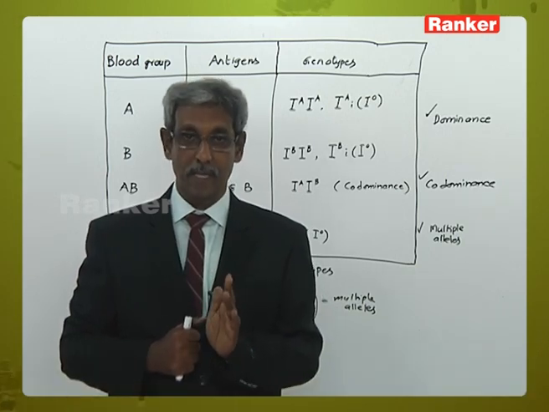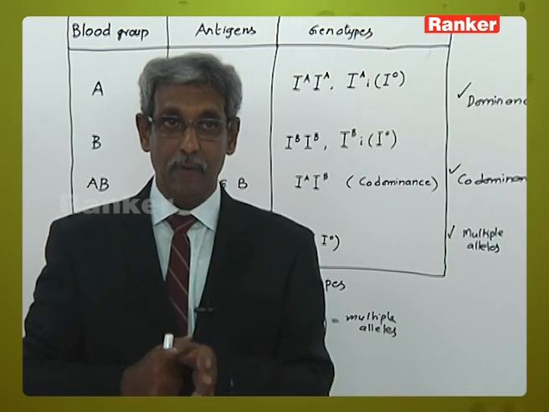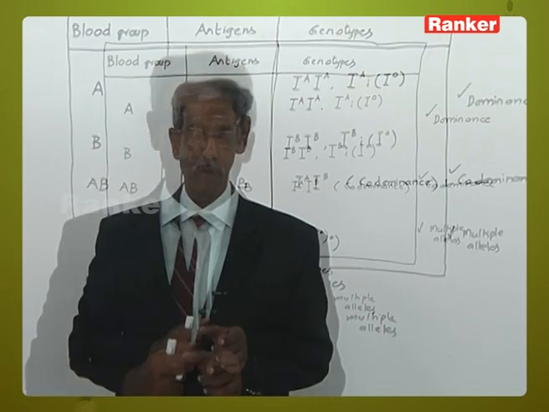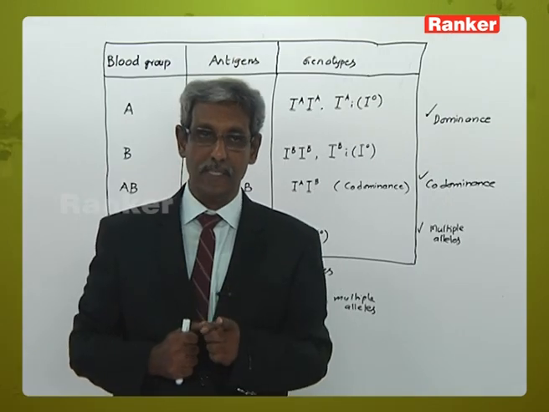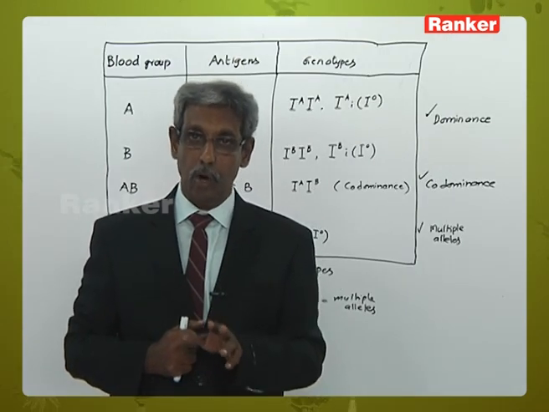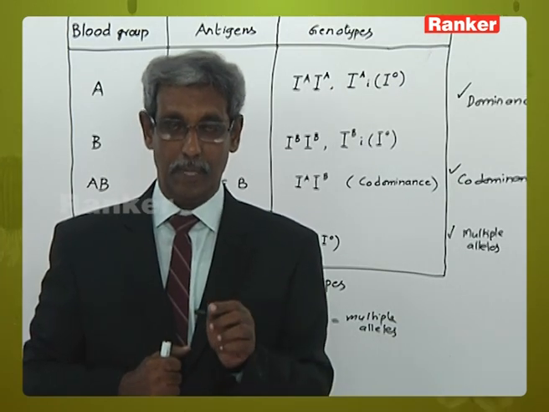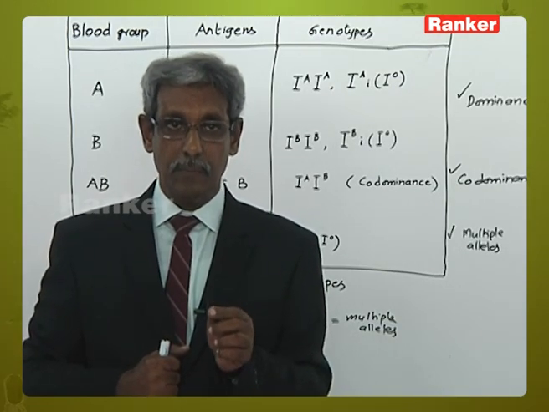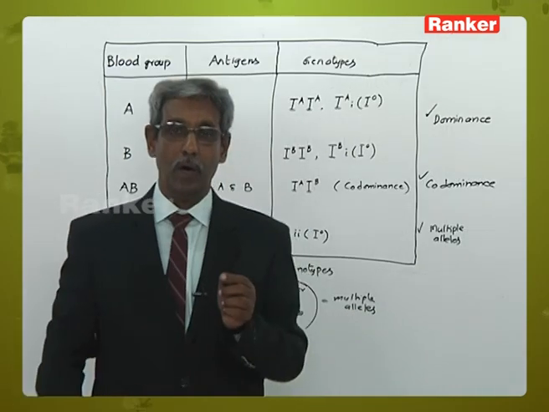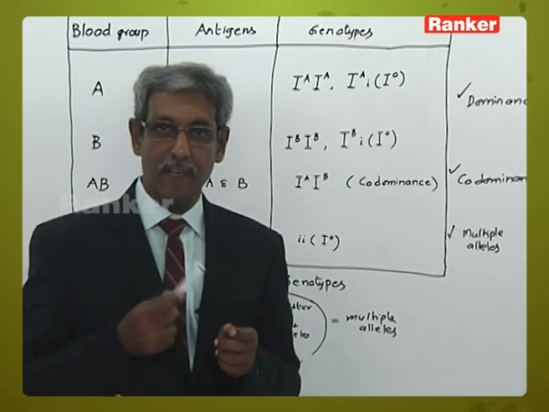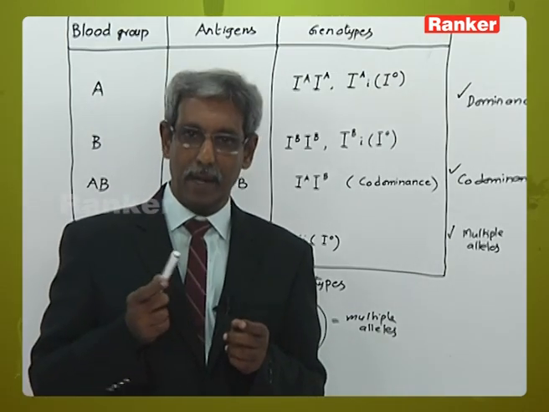Whereas in multiple alleles, always in an objective we find out the locus, the same locus, and the alleles. You have two or more alleles clubbed together on the same position. Normal examples of multiple alleles are the blood groups in human beings like A, B and O.